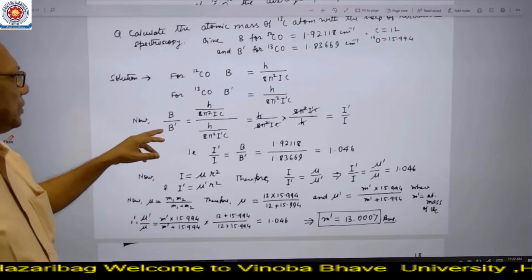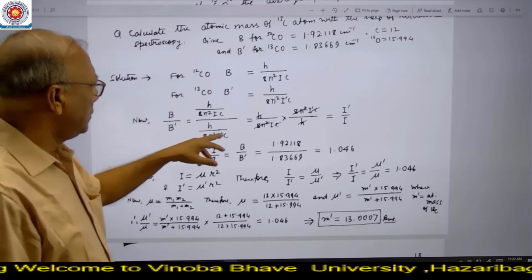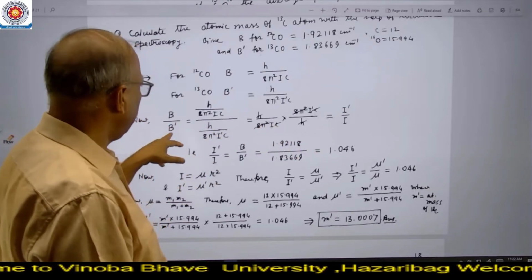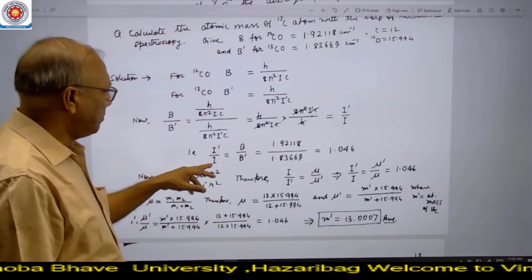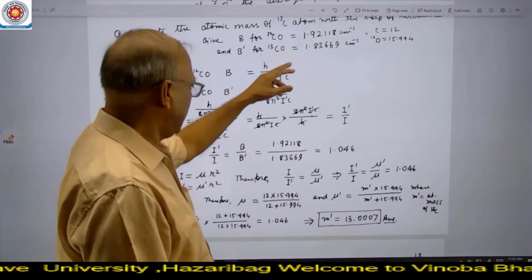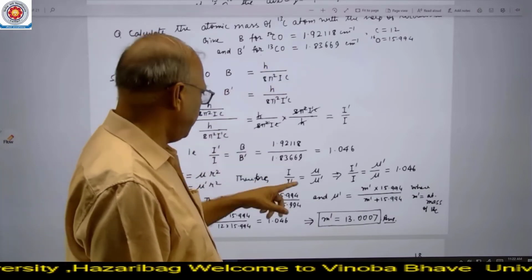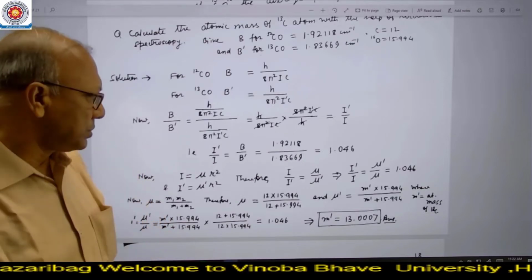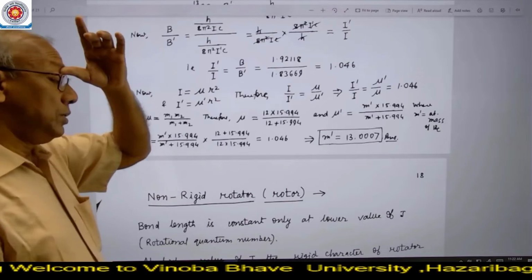Now if we take the ratio of B and B prime, then the similar terms cancel out each other, and we get B by B prime is equal to I prime by I. So I prime by I is equal to B by B prime, which is how much? If you put the values of B normal and B prime, we get 1.046. Now we know the formula I is equal to mu r square.